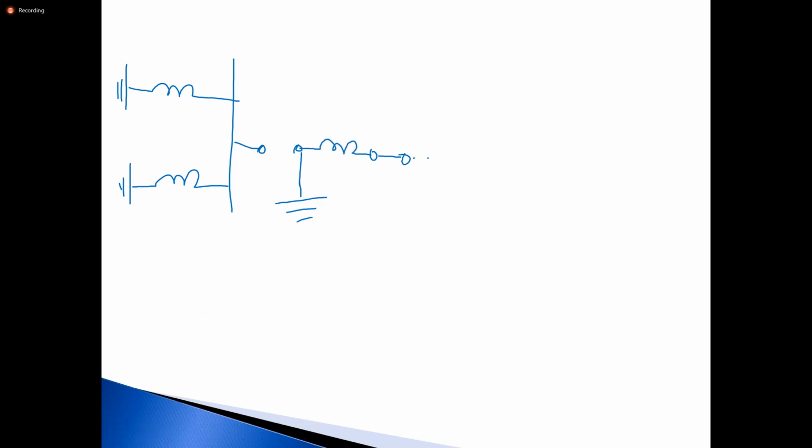And then we come now to the line. So this is the line. And because, like the transformer, the line is a static device.